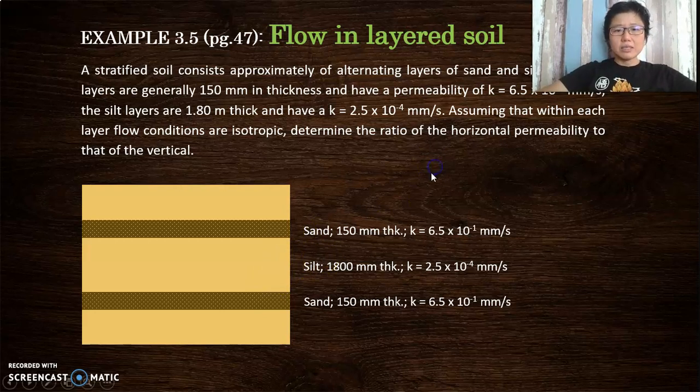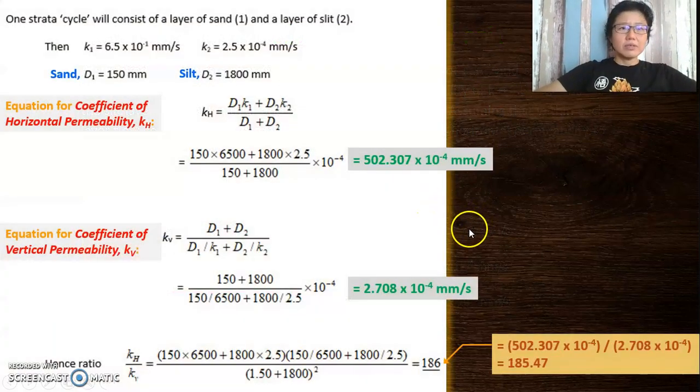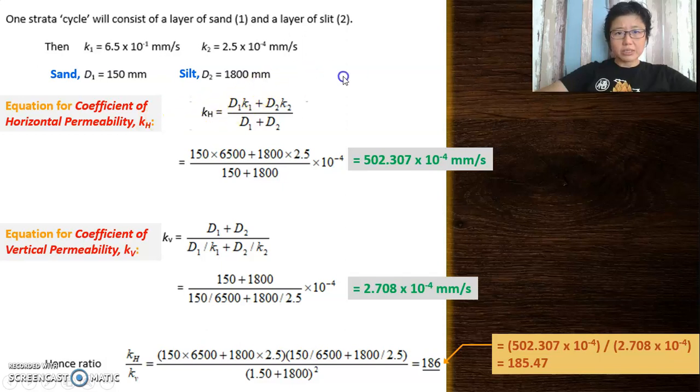In this case, we just need to consider a pair of them, meaning a single layer of sand and a single layer of silt, because the question wants us to identify the ratio of the horizontal to the vertical permeability. Okay, and here we go. Just take one cycle, that means one pair. The equation for your coefficient of horizontal permeability, KH, is given here.